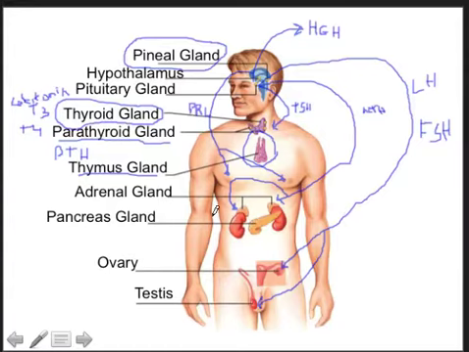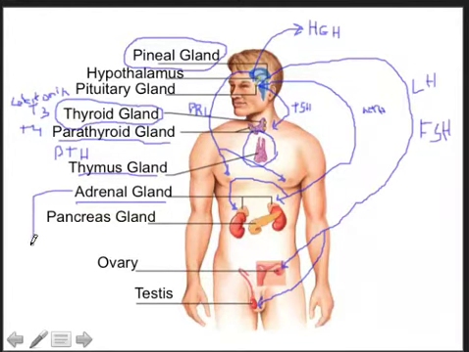Now, the adrenal glands are actually two glands in one. The outer layer is called the cortex, and the inner core is called the medulla. Now the medulla is fairly straightforward.